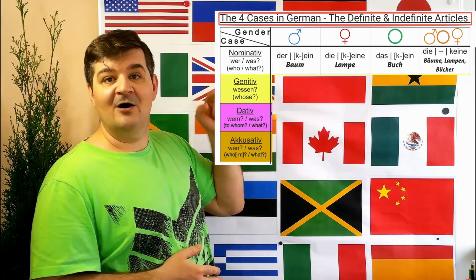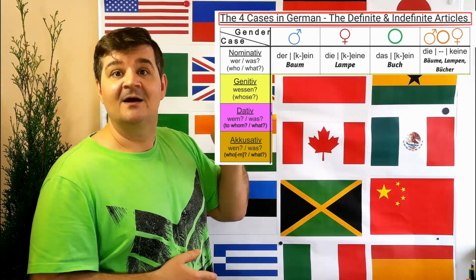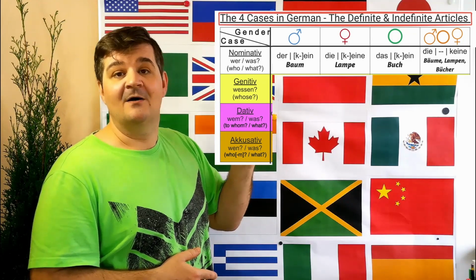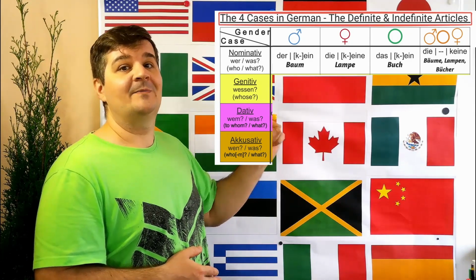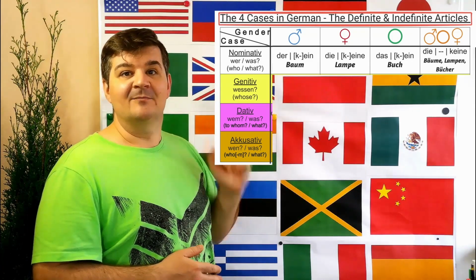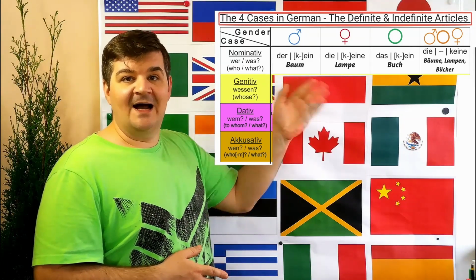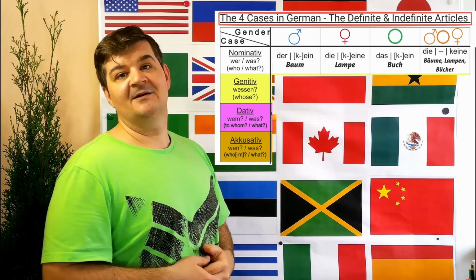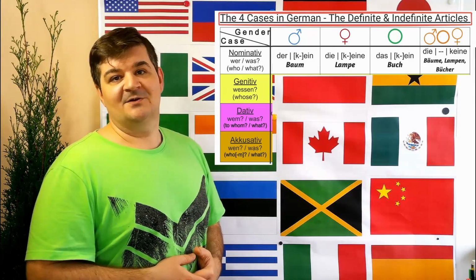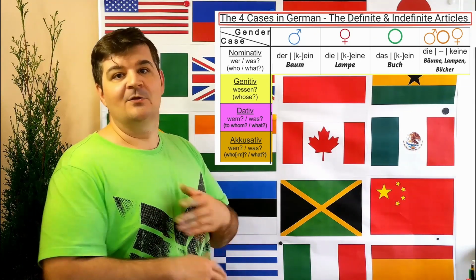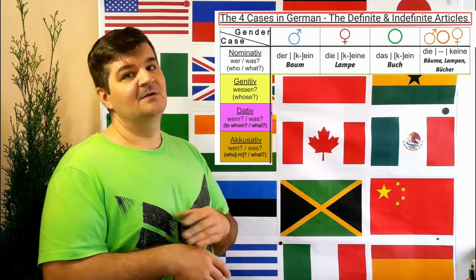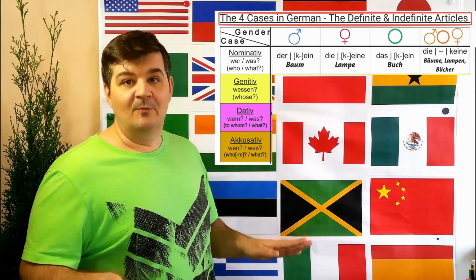And now it is possible to make a plural form here with the opposite article. We will have here keine Bäume, keine Lampen, and keine Bücher. So this obviously means no trees, no lamps, no books.